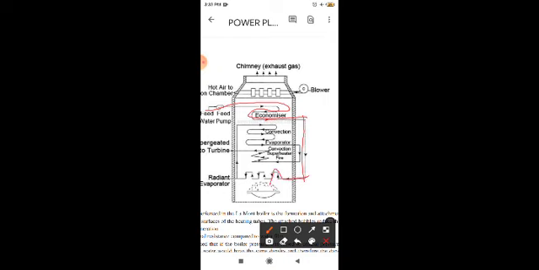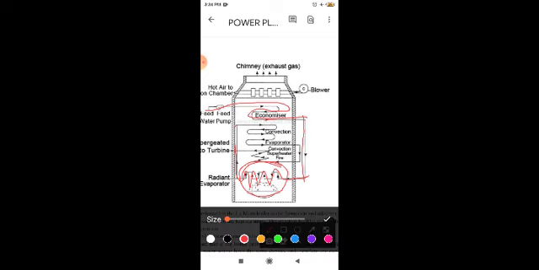You can see here the tubing is in a zigzag way, to keep the water for a longer time in the radiation zone or heated zone. The heat gain here is all by radiation heat transfer.